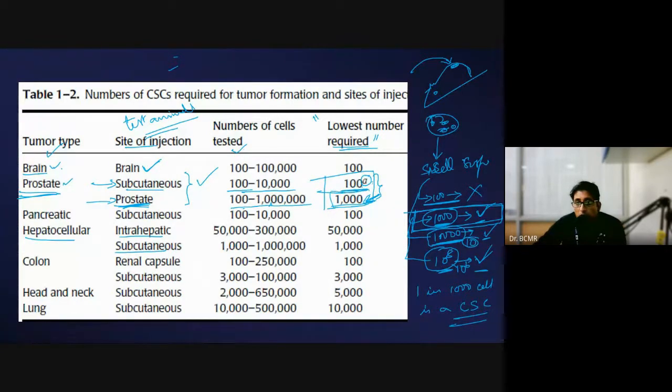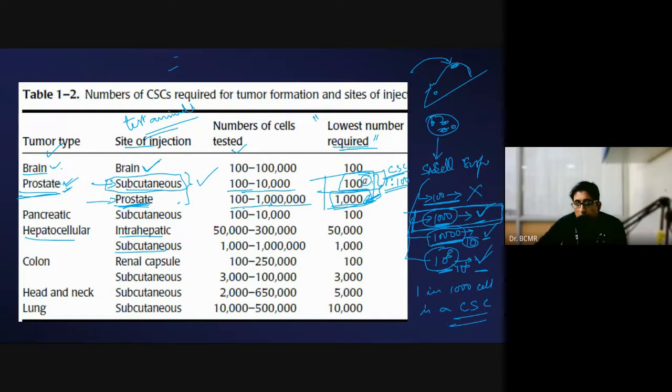In the prostate, you should give at least 1,000 cells for a tumor to form. So the tumor that we are looking at here is forming more easily in the subcutaneous one. That's not the point of what I want to discuss anyway. But what it says is at least 1 in 100 cells is a cancer stem cell. That's the meaning of this part.